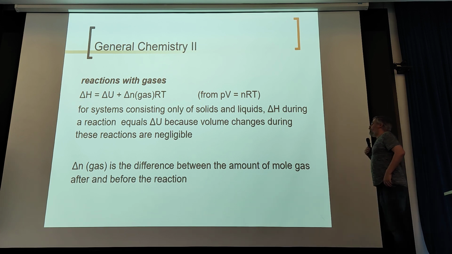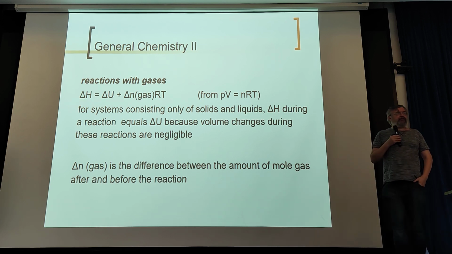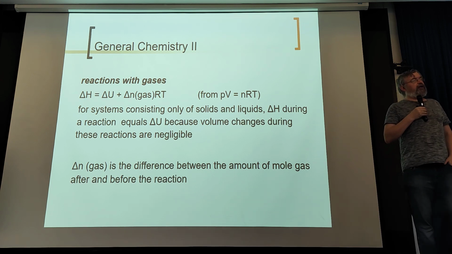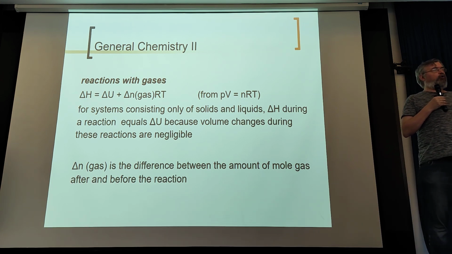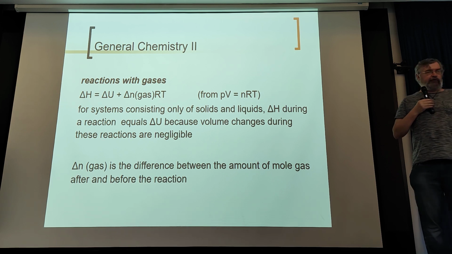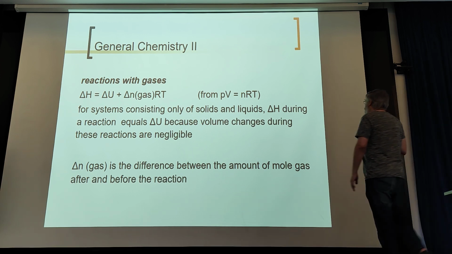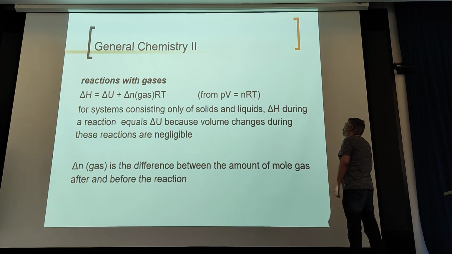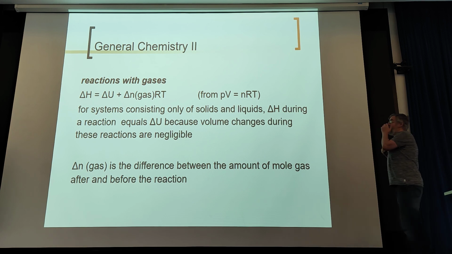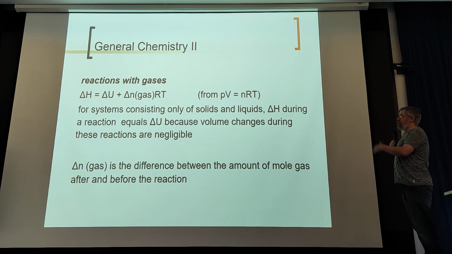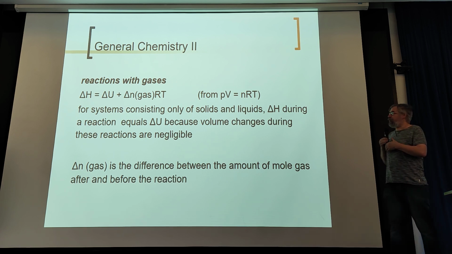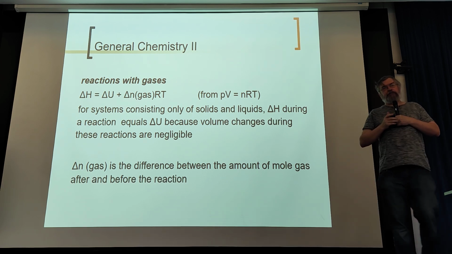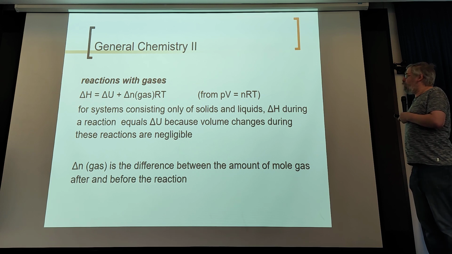So in reactions with gases, we can look at the formula, and we know from the previous chapter, PV is nRT. So we can replace it in the equation for the enthalpy, and at that moment we can calculate our enthalpy.